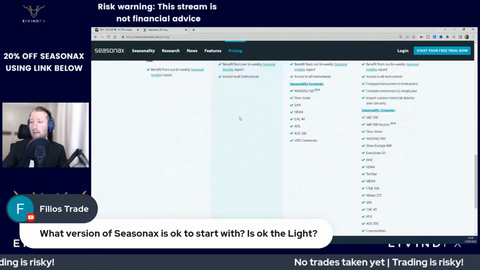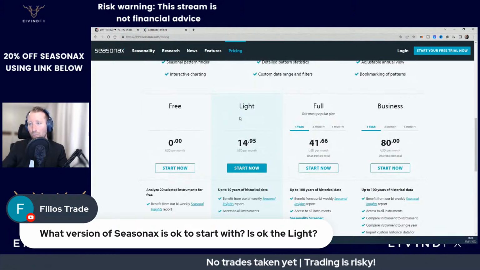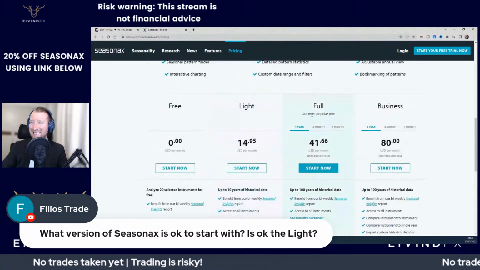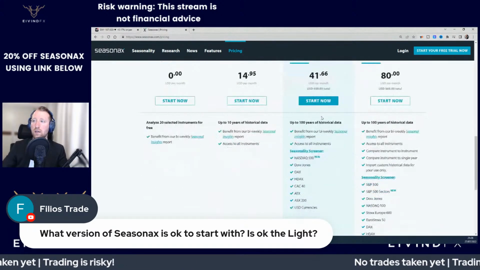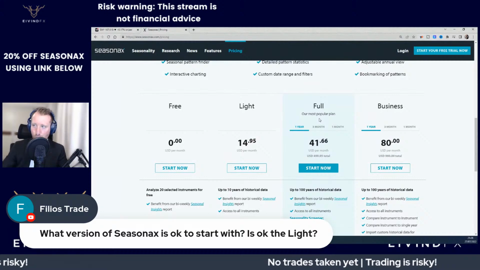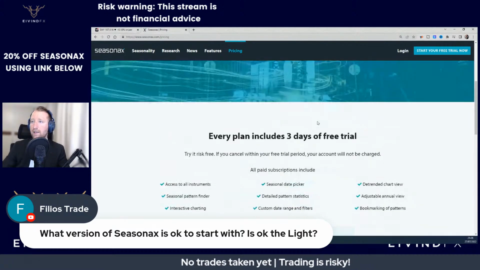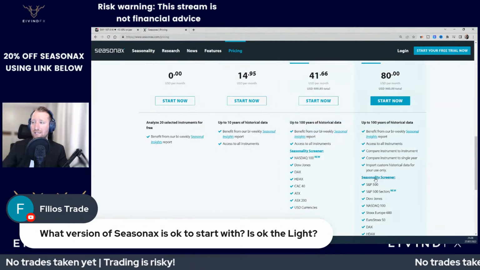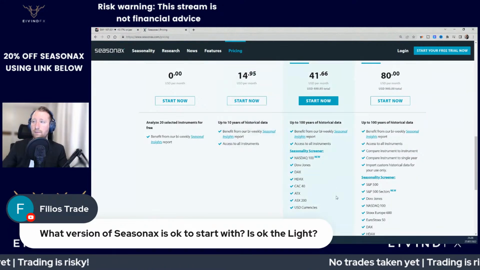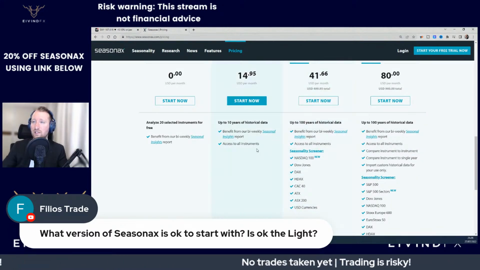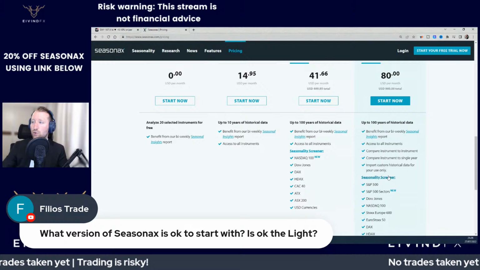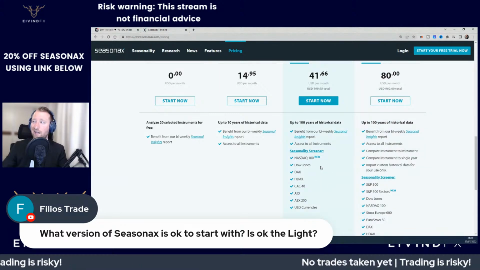Next one is Light. I would personally say that at least Full is a place to start. And I know it's a lot of money, but you need to have access to some of this, the seasonality screener at least. So this is just having access to all instruments in terms of historical data, but the seasonality screener is the kicker there.